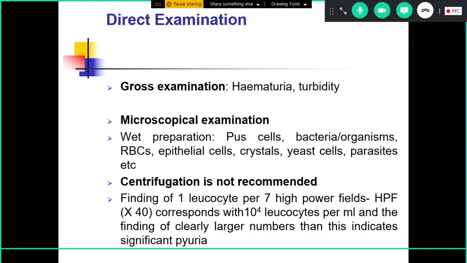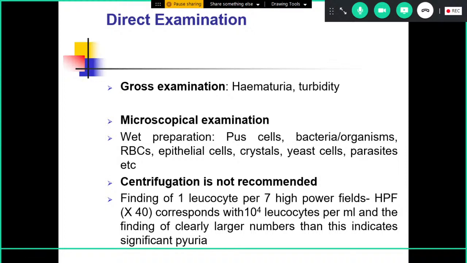So if we see a lot of pus cells and a lot of bacteria, then of course we know the chances are that the patient has UTI. This has other implications also, which I'll come to later, because in such cases where you are seeing bacteria and you know there are pus cells, you will of course culture urine as we do for every other sample, but you can also put up something called direct sensitivity directly from urine.